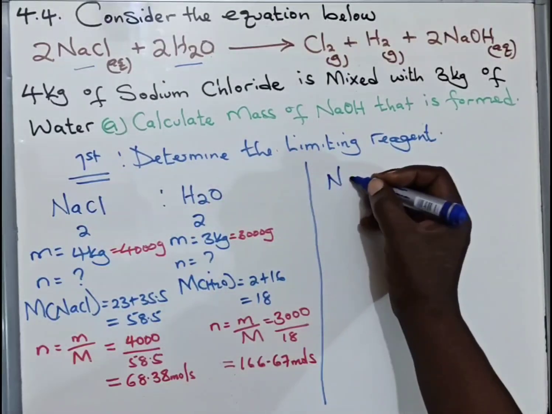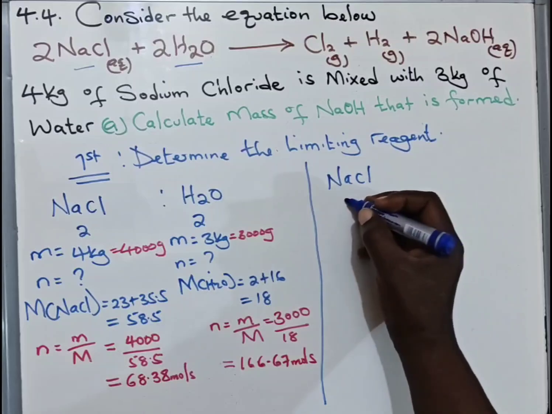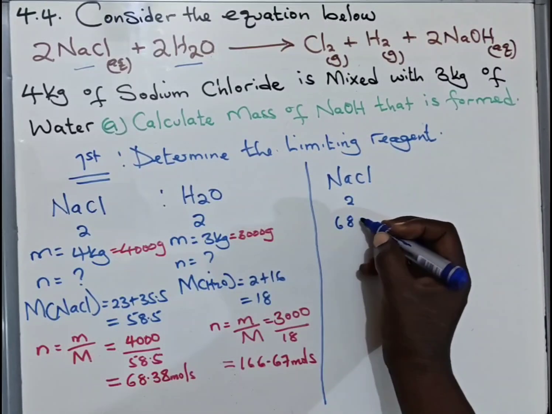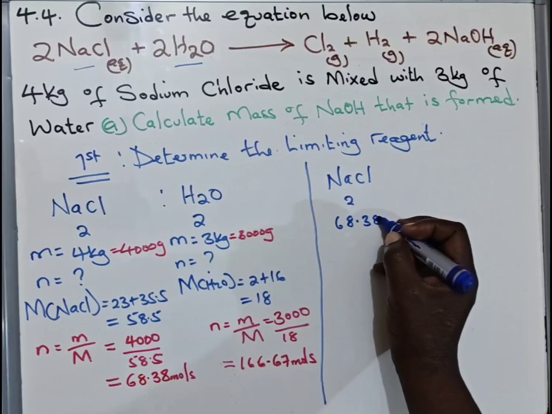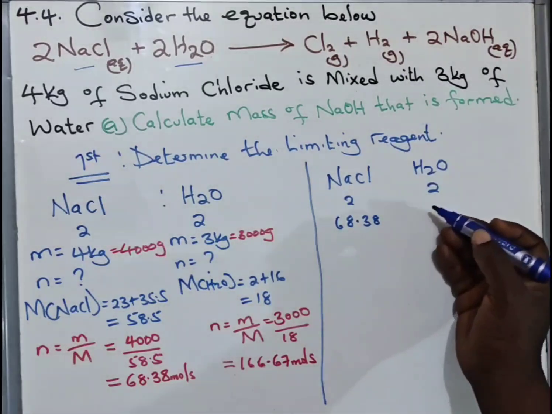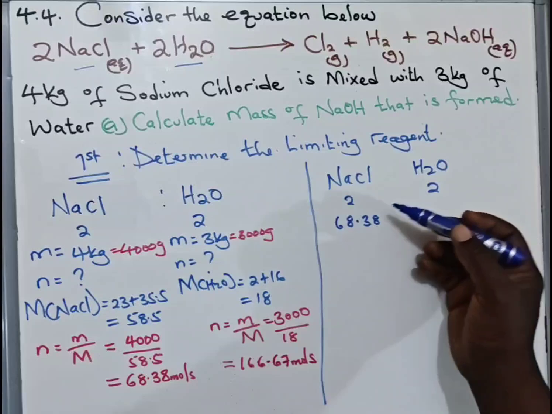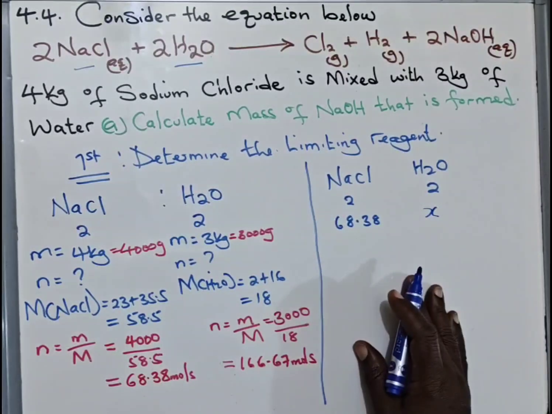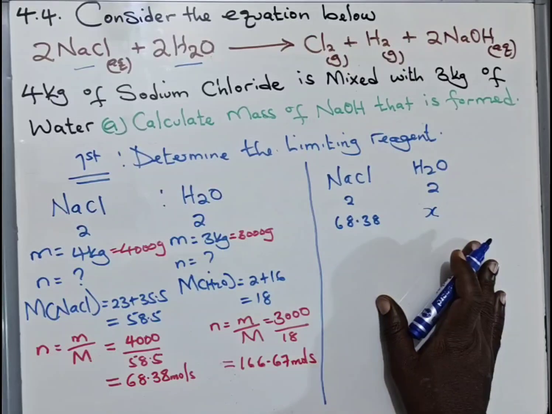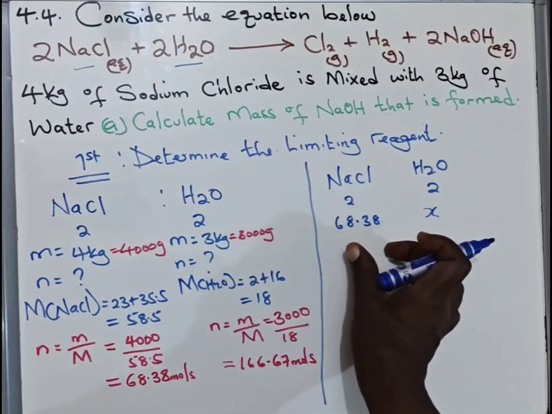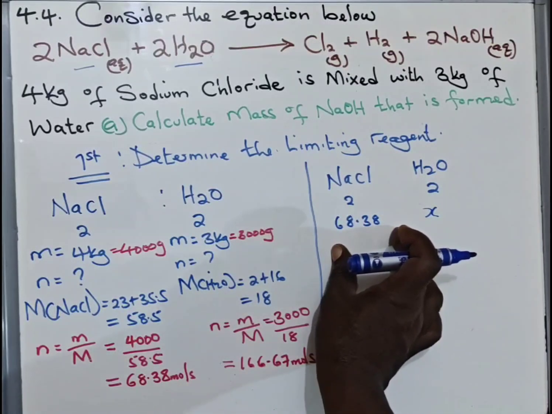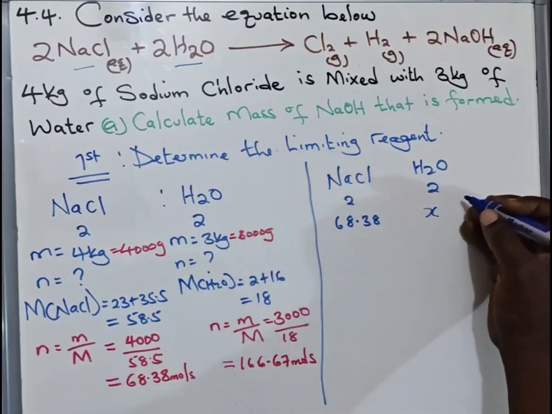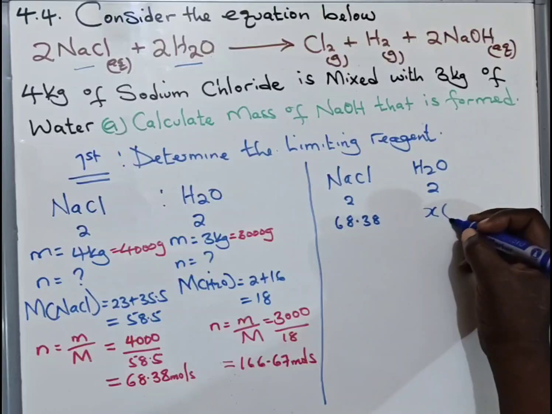So we are having sodium chloride. The ratio is 2, and the number of moles is 68.38. For water, remember the ratio is 2 to 2, so we can determine which one is required. 2 to 2 is the same as 1 to 1, implying that when you use 68 moles of sodium chloride, because the ratio is the same, it will require the same.